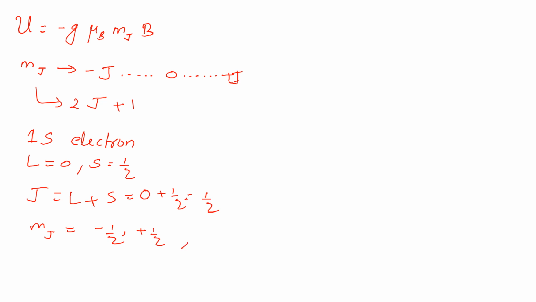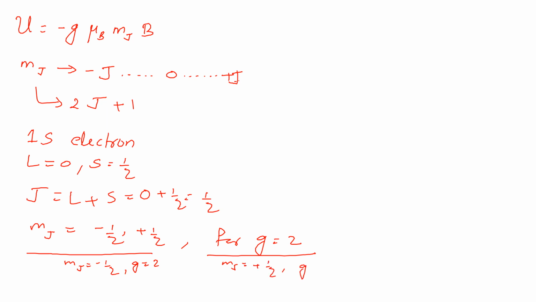And also for g equal to 2, what are the possible values of potential energy? We can write one for Mj equal to minus half and g equal to 2, and another for Mj equal to plus half and g equal to 2.